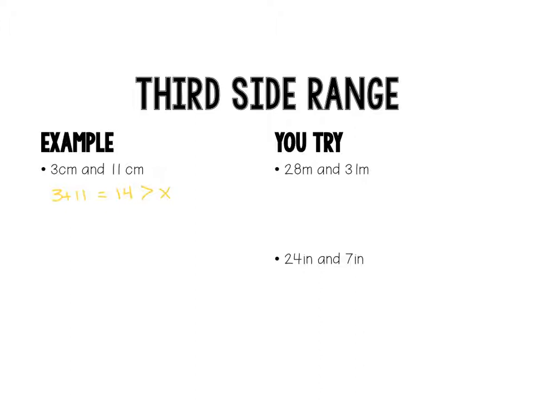And we could also look at this a different way. 11 could be the biggest side, which means that 11 minus 3 is 8. So then that third side would have to be greater than 8. So then our third side has to be greater than 8 and less than 14.